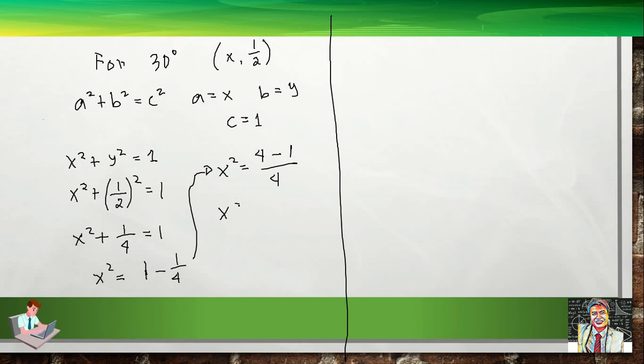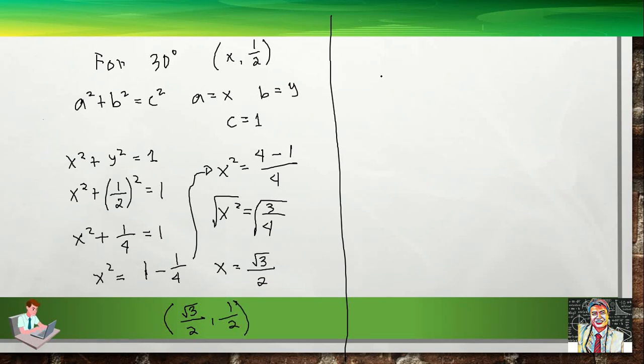So, x squared is equal to 3/4. Since x lang kailangan ko, square root, both sides. So, therefore, x is square root of 3 over square root of 4, which is 2. Square root of 3/2. So, therefore, ang coordinates ko at 30 degrees, that is square root of 3/2 and 1/2.